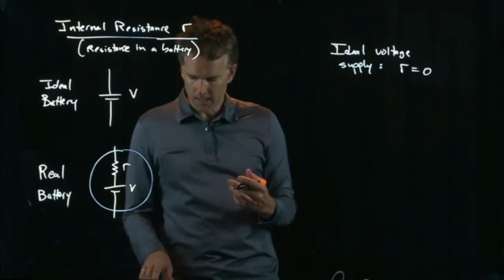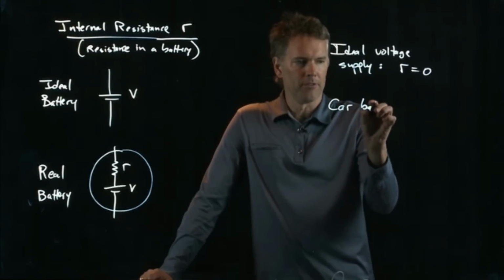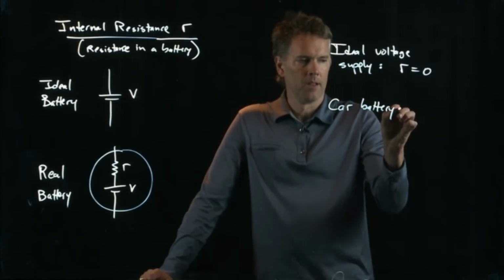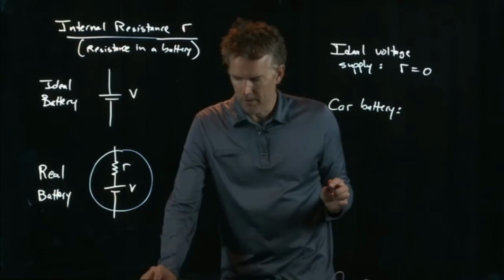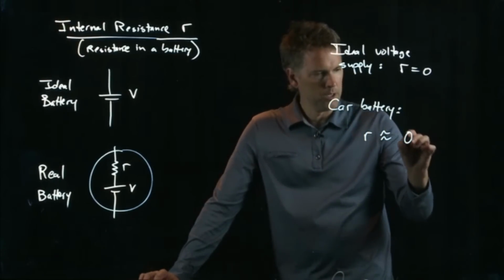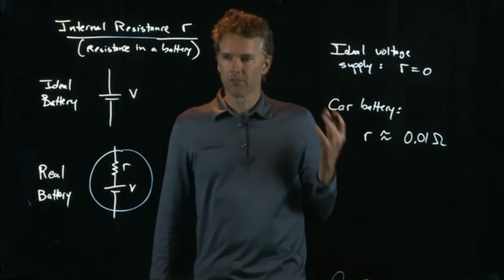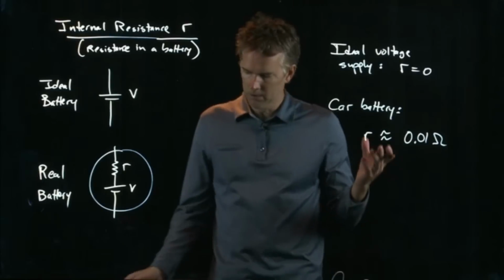But in reality, r is never 0. And for a car battery, r is approximately 0.01 ohms. It's something pretty small, but it is still real.